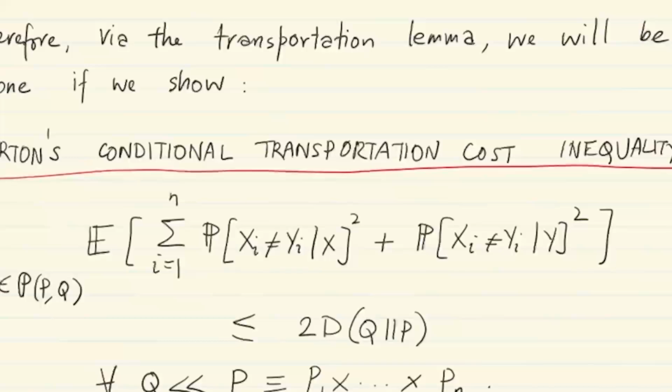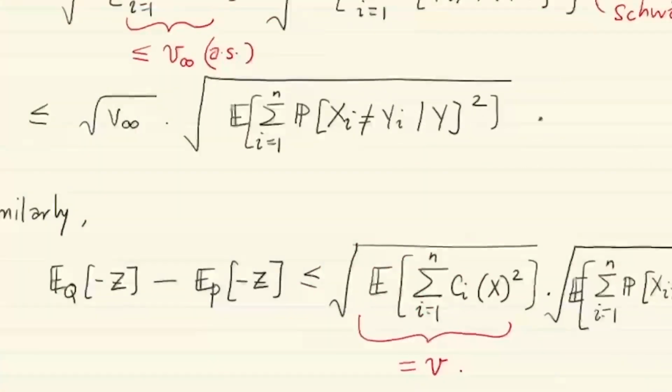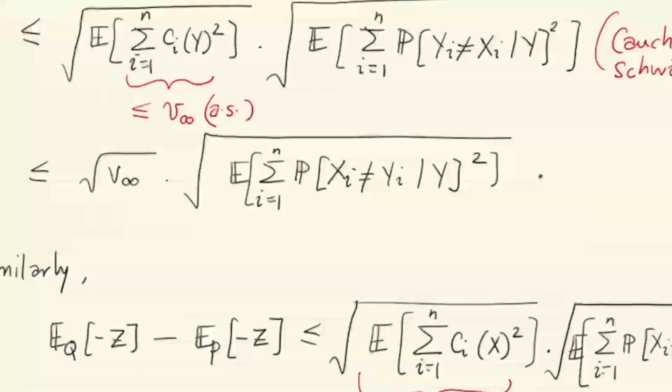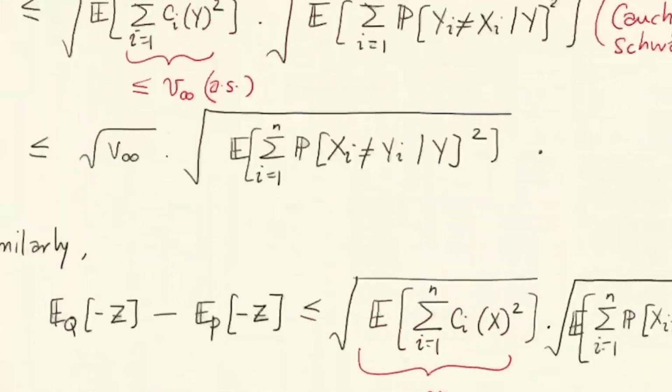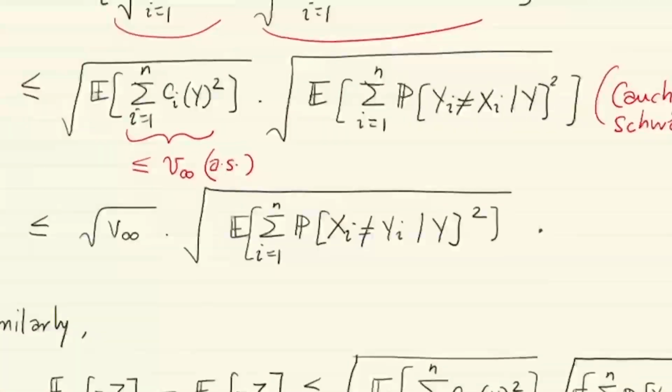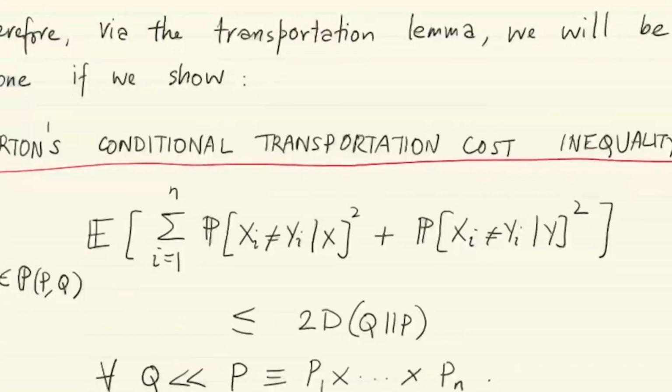But assuming this, what one can do is just go and use it in the appropriate tail bounds to bound these conditional probabilities. We are bounding the sum of these conditional probability squares. So that naturally implies the same bound for each of these conditional probability squares, and you can relate it to the divergence and then use the transportation lemma to transfer it to the control of the log moment generating function, and finally Chernoff will kick in to give you the appropriate tail bound.